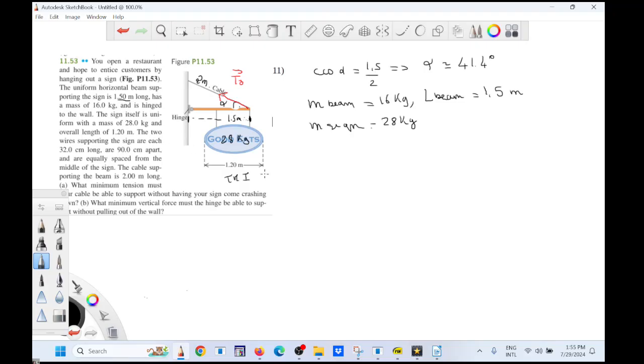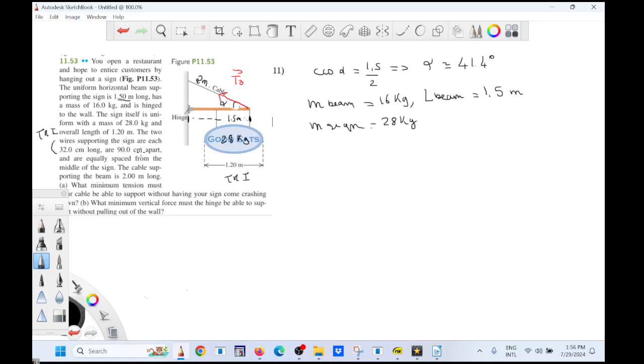So that will be TMI. And then the two wires are each 32 centimeters. So this is also TMI. We don't care how long the wires are because the tension is always transmitted through the wire. Doesn't matter how long they are. So this is just to confuse you.